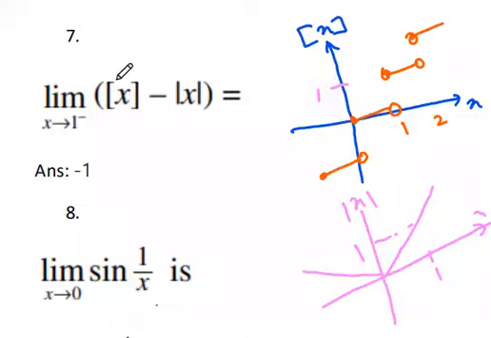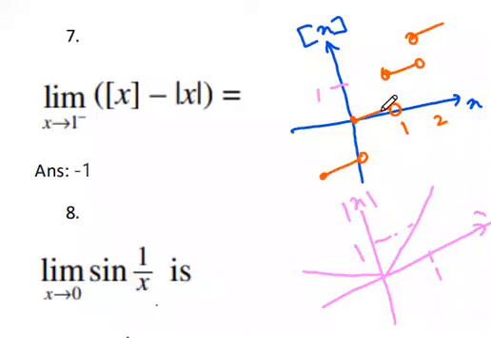So the limit of this function as x tends to 1 from the left hand side is, we are interested at this point. We can see that the function value approaches 0.